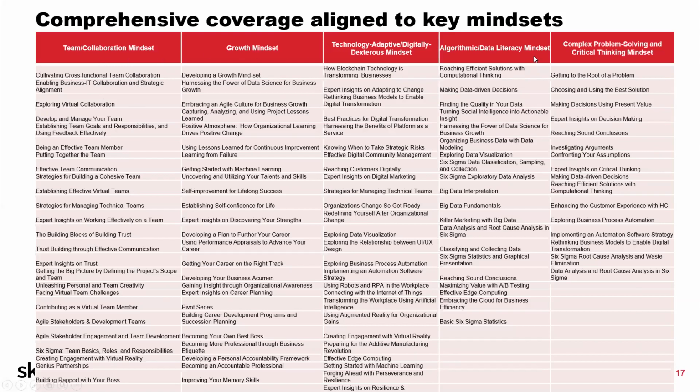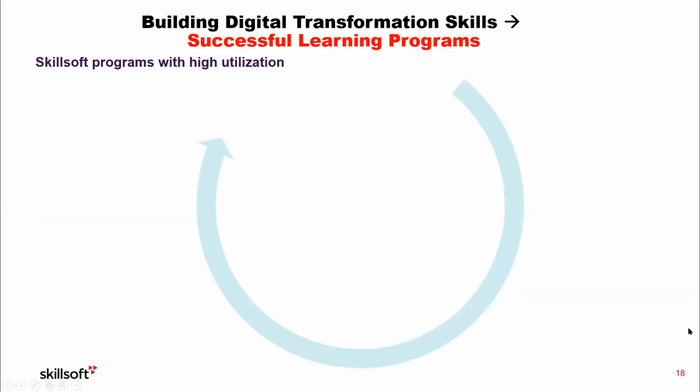So as you progress in developing these mindsets in your organization, just be assured that we've got content that supports all of these. What I'd like to move on to now is to look at what constitutes a successful learning program. We've taken a lot of information from our customers.